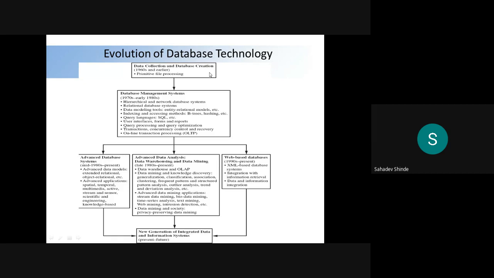This was the only point we covered in the previous lecture, and due to the disconnection of the internet, we stopped our lecture. Now the next point we will see here.